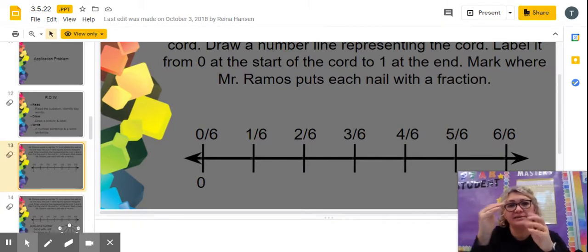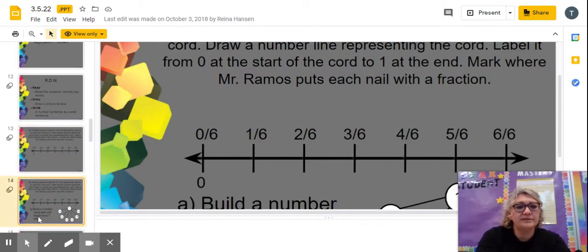So instead of counting by sevenths, we're actually counting by sixths because we need to account for this first nail, since it says we go from 0 at the start of the cord to 1 at the end, because we only have one cord, right? So it would be 0/6, 1/6, 2/6, 3/6, 4/6, 5/6, 6/6. Okay, so let's look at how they did it.